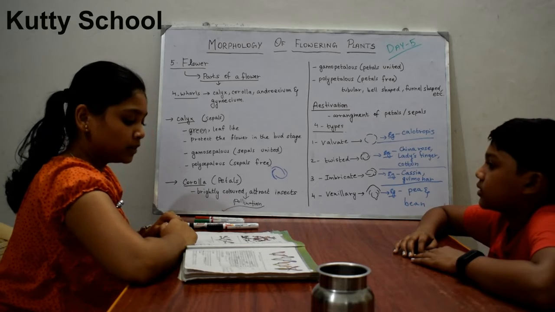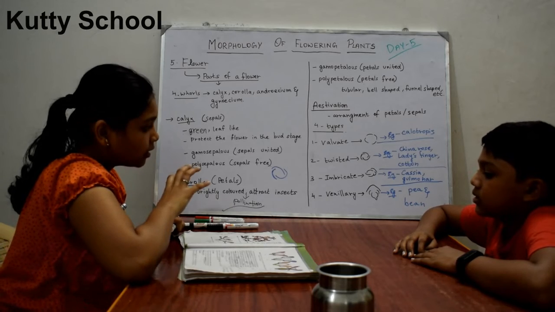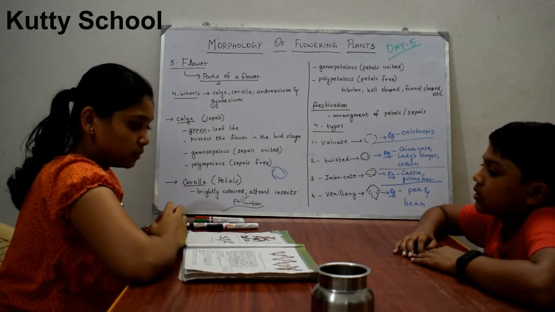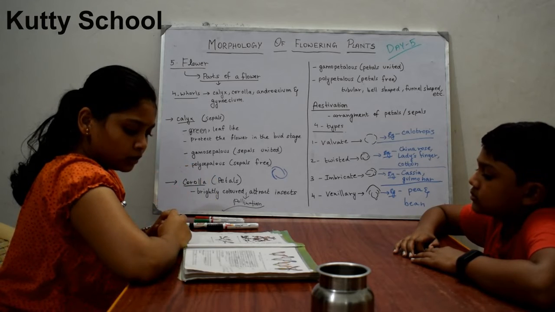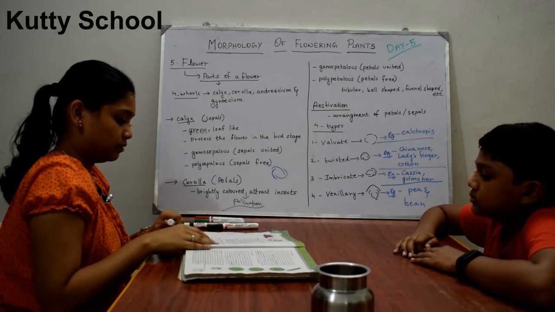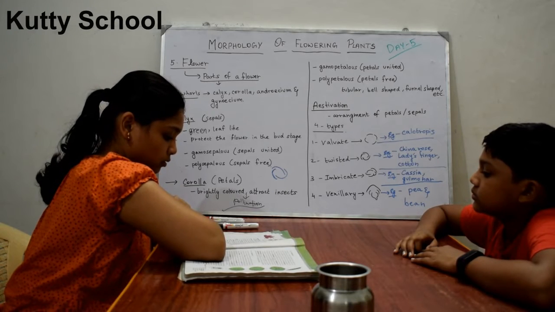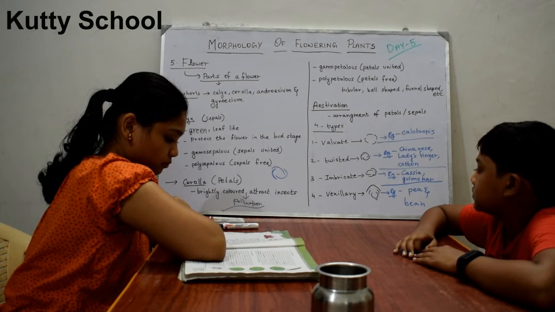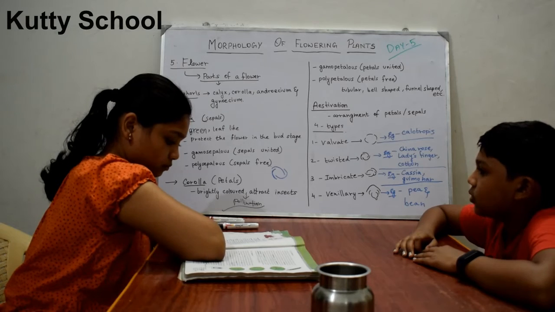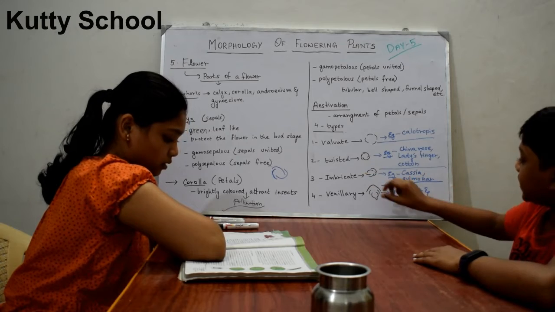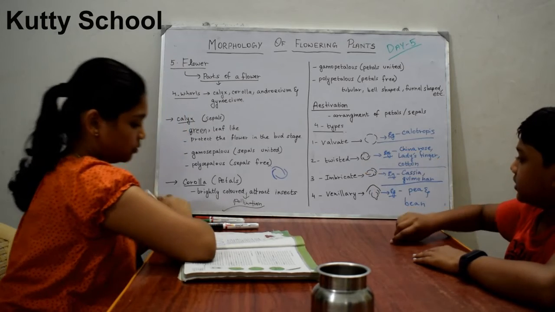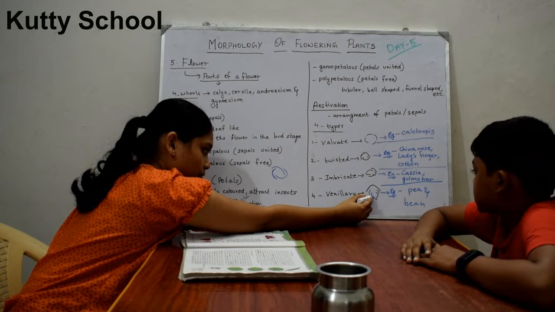In vexillary aestivation, there are three types of arrangement. One petal is on another like this, going upwards. This is known as the standard.